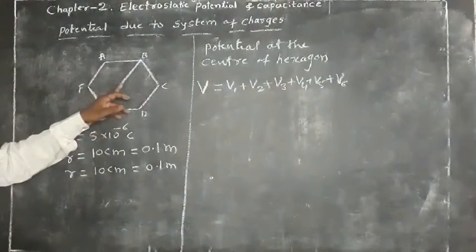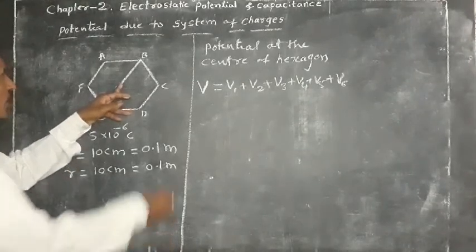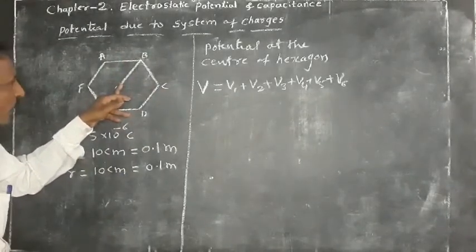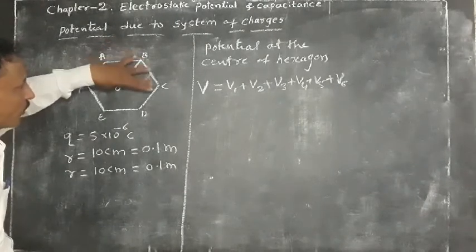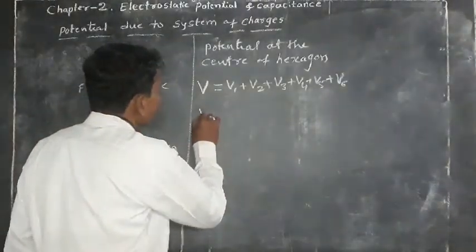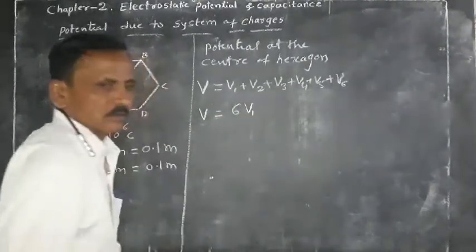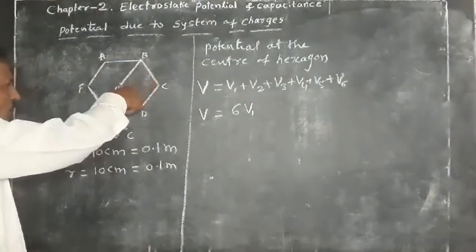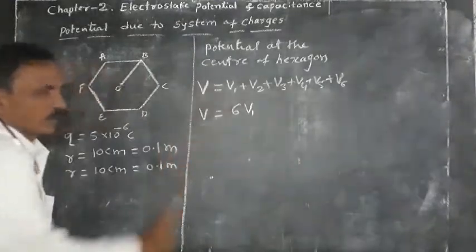Total potential at the center of the hexagon is equal to the sum of potentials due to the charges placed at each vertex. But here the distance between the center of the hexagon and each vertex is the same. Therefore, this phi is equal to 6 times phi1. This phi1 equal to phi2 equal to phi3 equal to phi4, phi5, phi6.